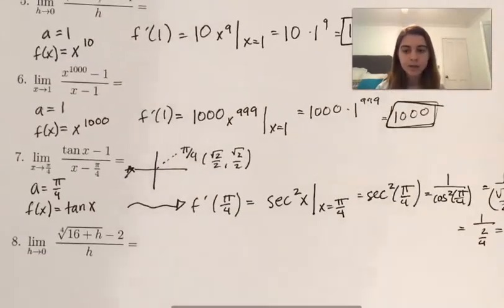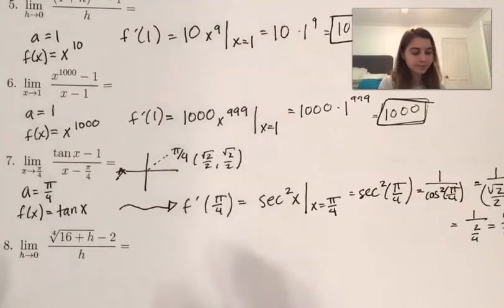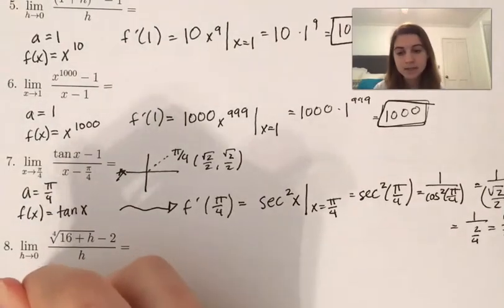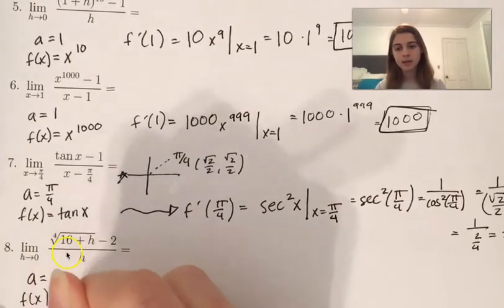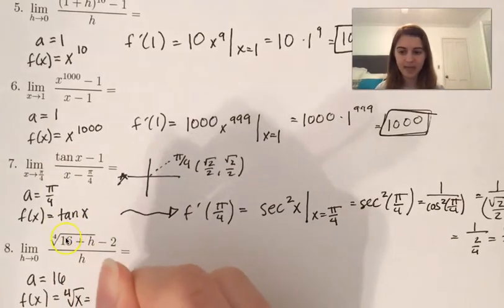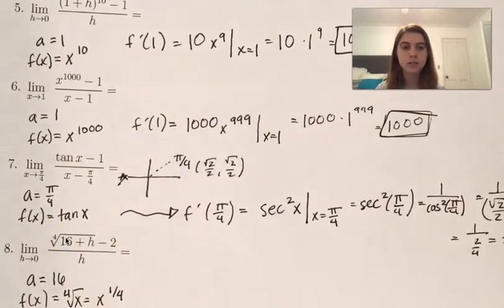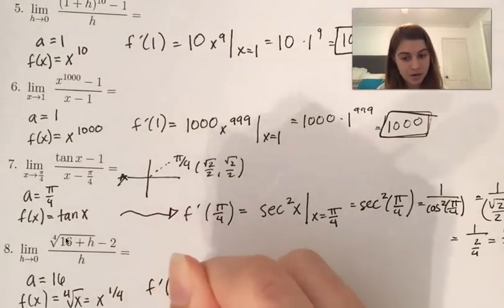Next one, let's see, what do we got? We got another h way. 16 is what's being added to h, so that's your a, right here. And then that whole thing is the 4th root of x, which we can turn into x to the 1/4.